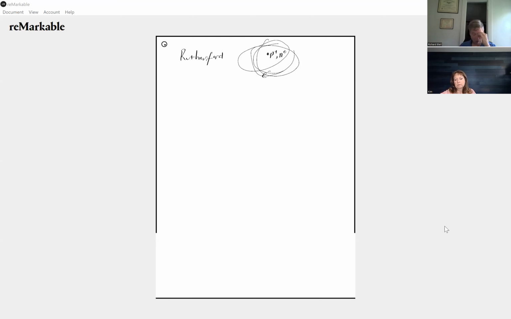Well, when we talk about physics, usually we think in terms of Newtonian or classic physics.